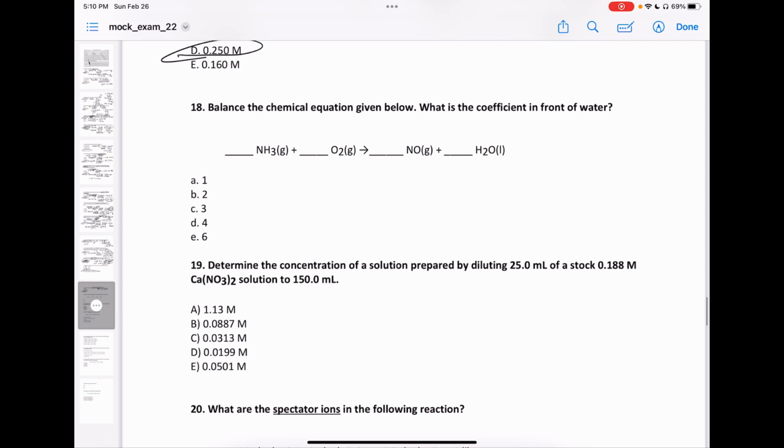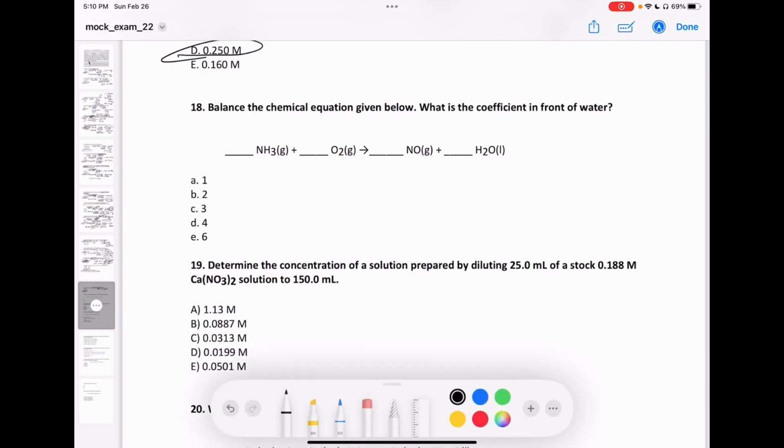Balance the chemical equation below. What is the coefficient in front of water? Okay, so when you're balancing these chemical equations, I'd always leave oxygen last because that's just annoying to deal with. And look for the things that only appear in one substance. So this is how I would do it. So there's only nitrogen in this compound and this compound.